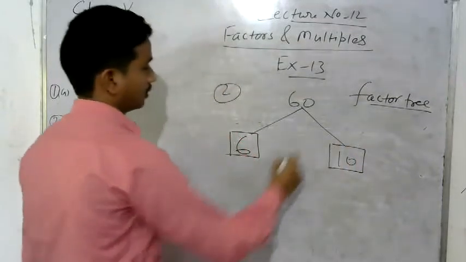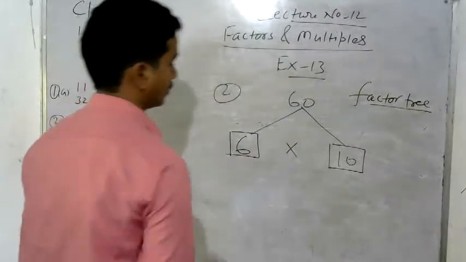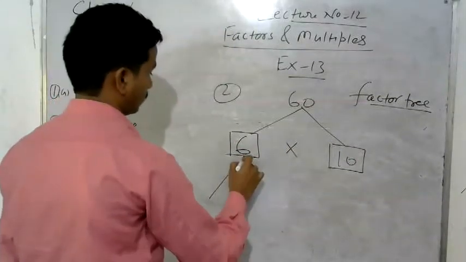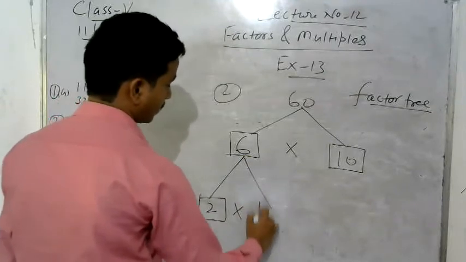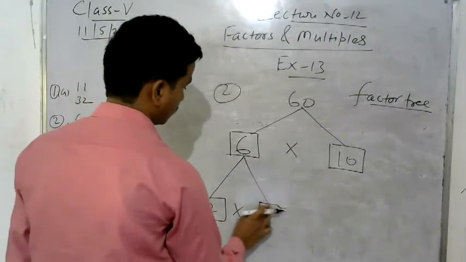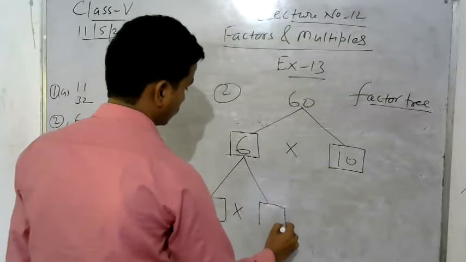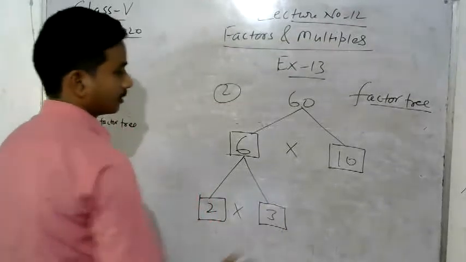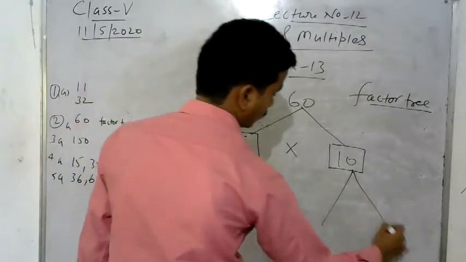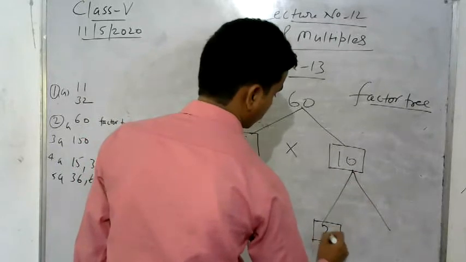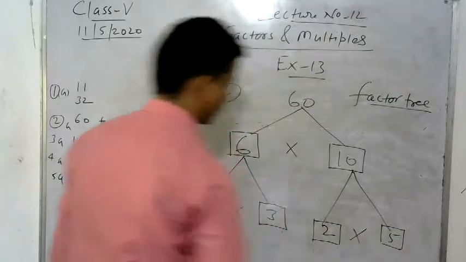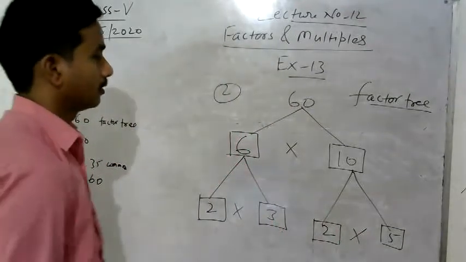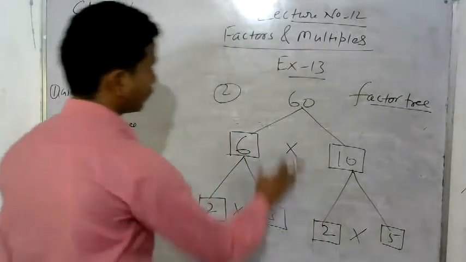So 6 multiplied by 10 is 60. And we know that 2 threes are 2 multiplied by 3. 2 threes are 6 and 2 fives are 10. Or you can leave it.